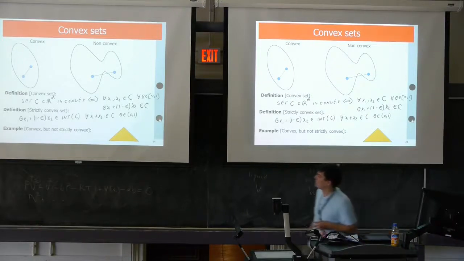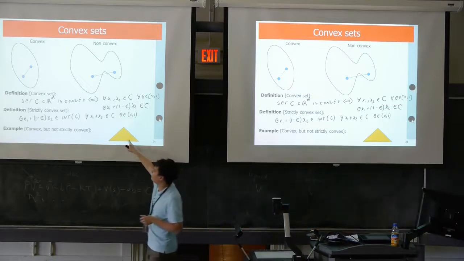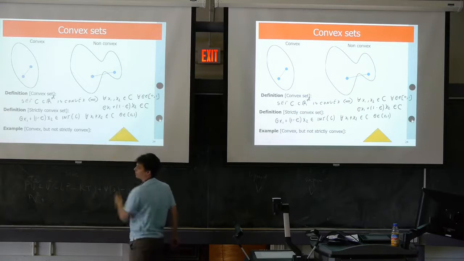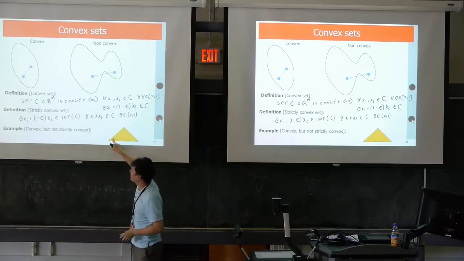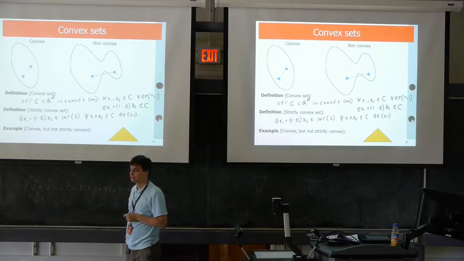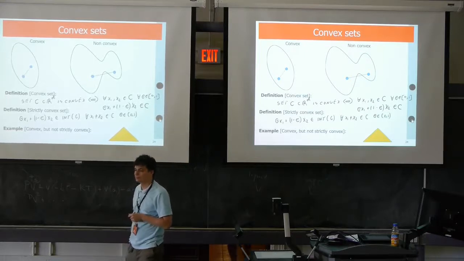So for example, this triangle here is convex but not strictly convex, because if this is x1, this is x2, then this line segment is not interior of set C. Clear?